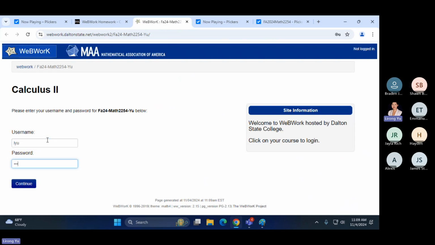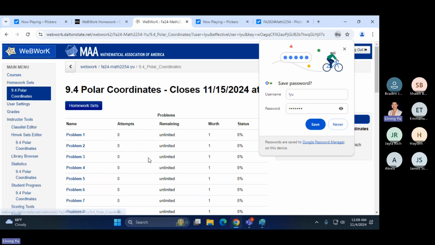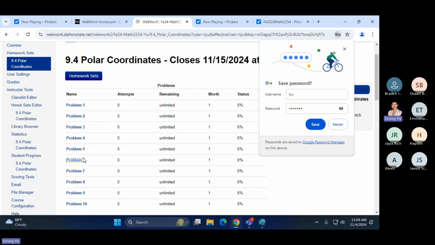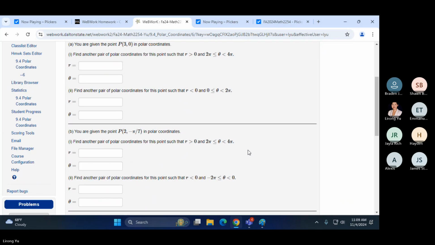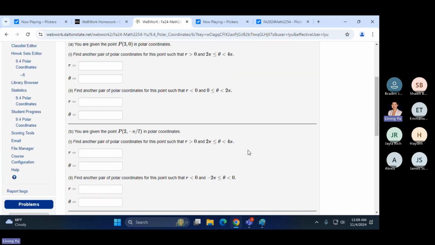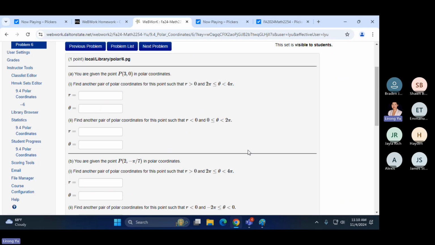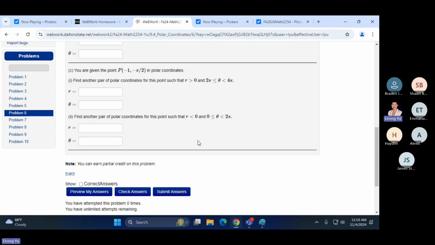Feel free to ask questions as you see a problem. 9.4, number 6. Which one? I'm confused again about how to get the angle.